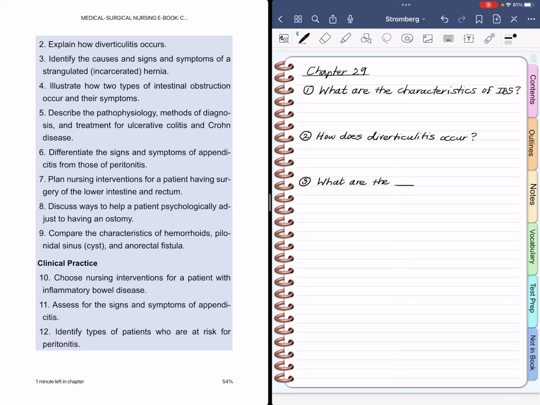What are the blank of a strangulated, which is another way of saying an incarcerated. That sounds terribly unpleasant. Hernia.